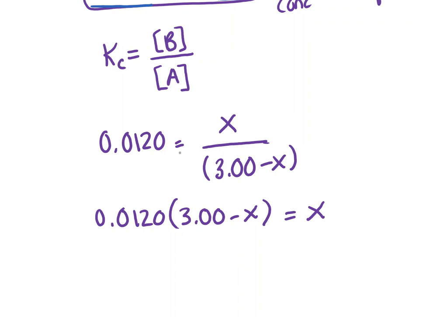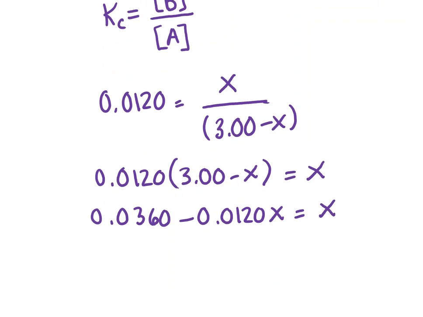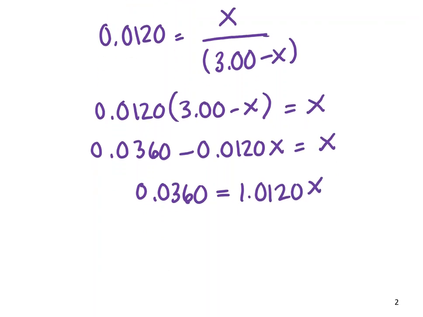So just like usual, I got rid of my fraction, then I'm going to multiply through. I'm going to gather my x's to one side. During all of this, I keep a lot of digits, and I'll show you at the end how we decide how to round for sig figs.